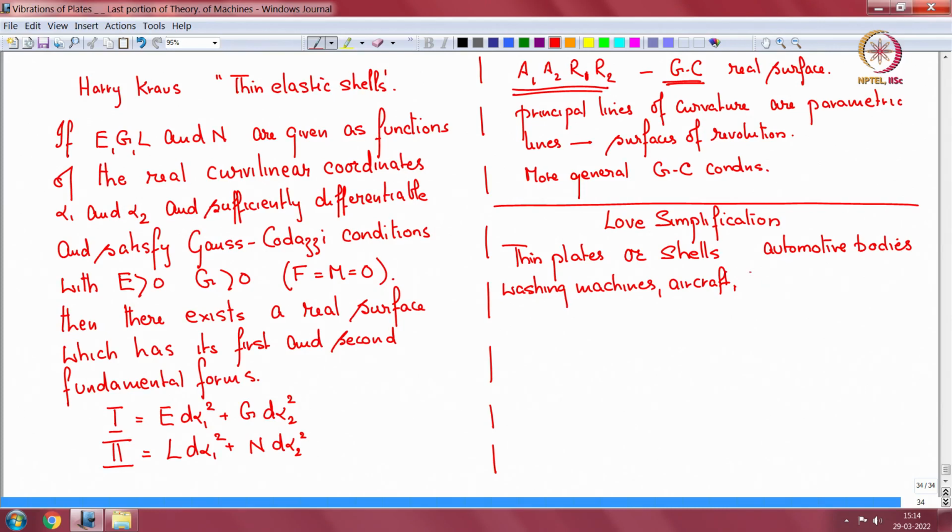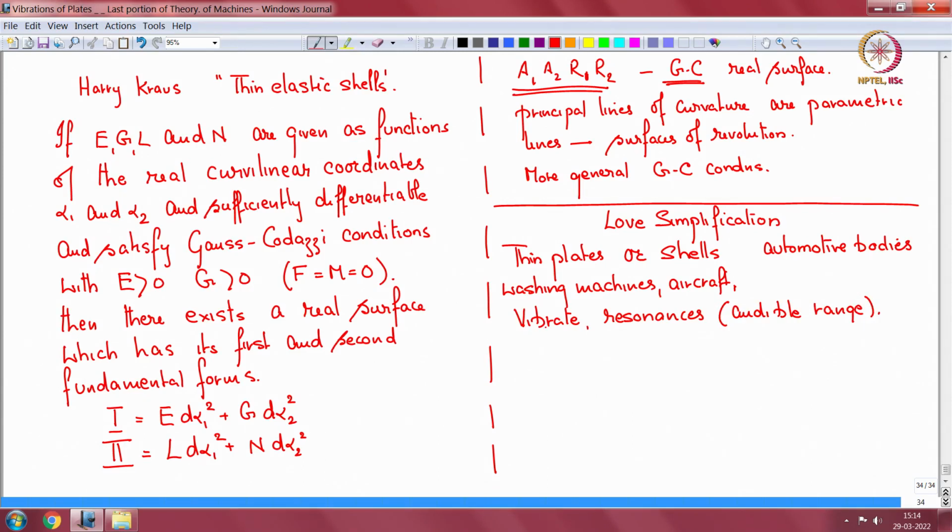Thin shells and plates are of interest because they vibrate a lot, and they have resonances in the low frequency range or in the audible range, human audible range. So thin shells are of interest.